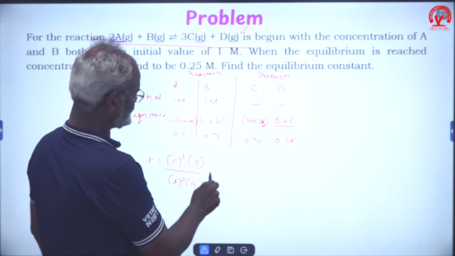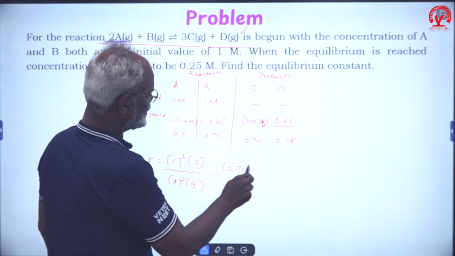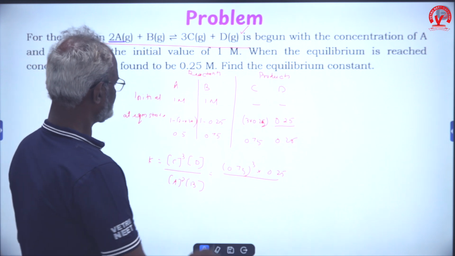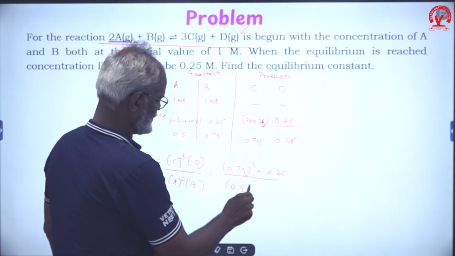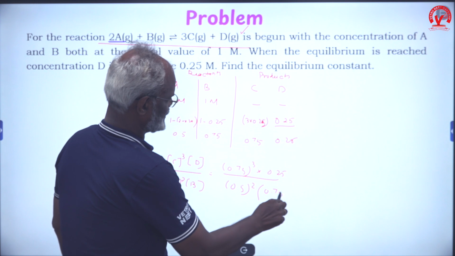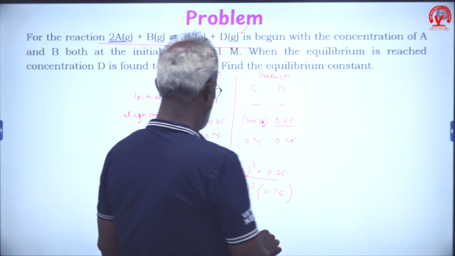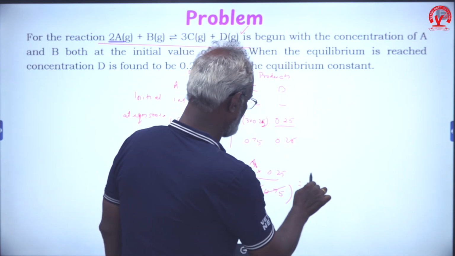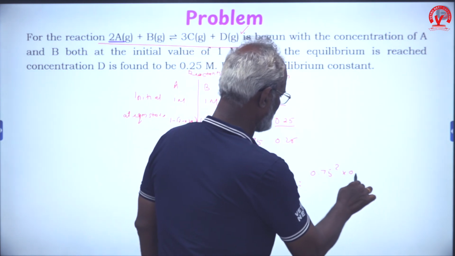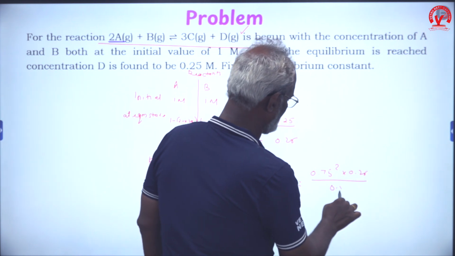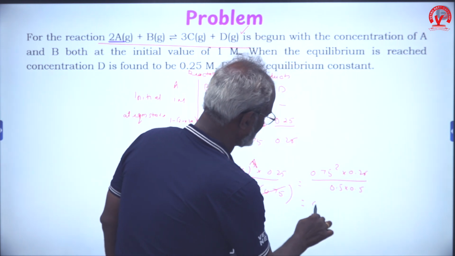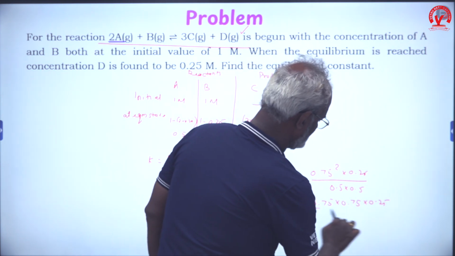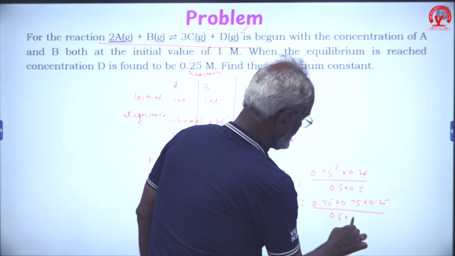So it will be equal to 0.75 cubed into 0.25, divided by A squared, which is 0.5 squared, into B, which is 0.75. Now the 0.75 you can cancel once, so it becomes 0.75 squared into 0.25 divided by 0.5 into 0.5. I can write it like this: 0.75 into 0.75 into 0.25 divided by 0.5 into 0.5.